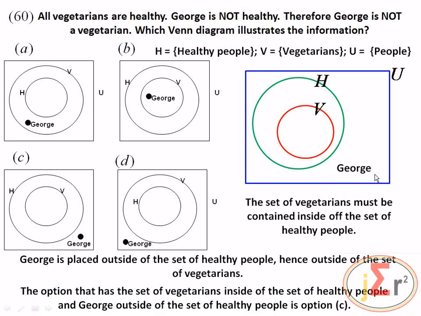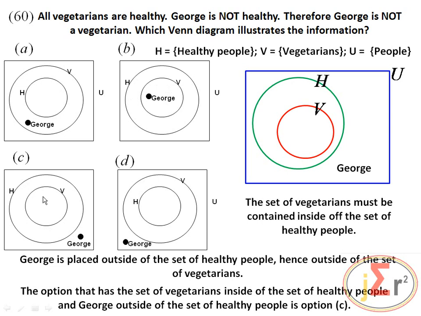The option that has the set of vegetarians inside of the set of healthy people and George outside of the set of healthy people is option D. So we are looking for the set of vegetarians inside the set of healthy people. This is one of them, and this is another, right?